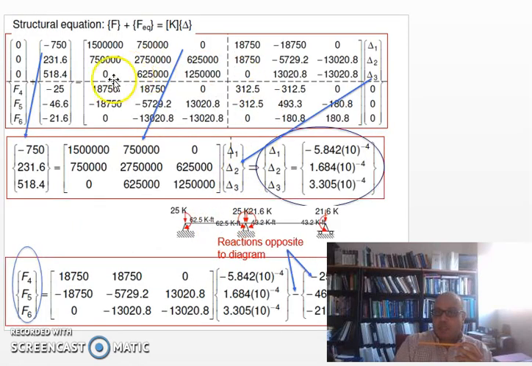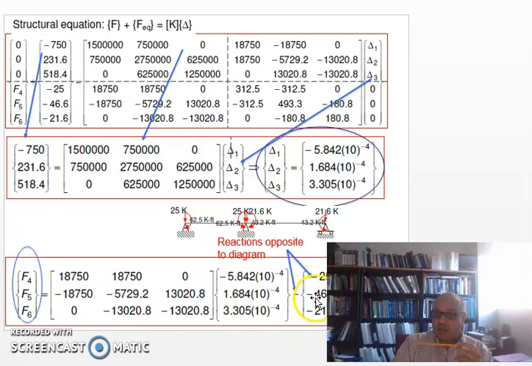Add them up, come up with this big matrix and the partition after 3 elements, and this is force equals K times delta. From that, you solve as we did earlier for delta 1, delta 2, delta 3, which are the 3 rotations, and then you come up with the force matrix that we're having, and that force matrix is F equals K times delta, but you add to it another matrix, and pay attention.